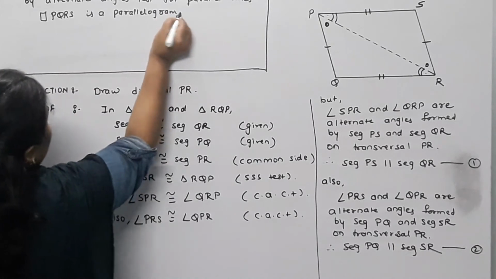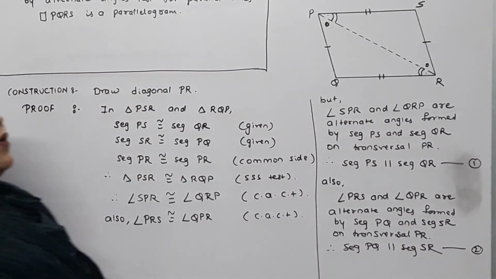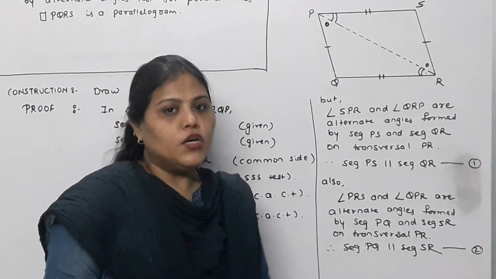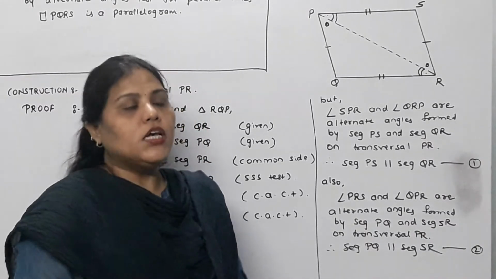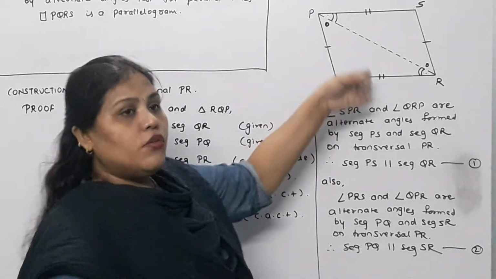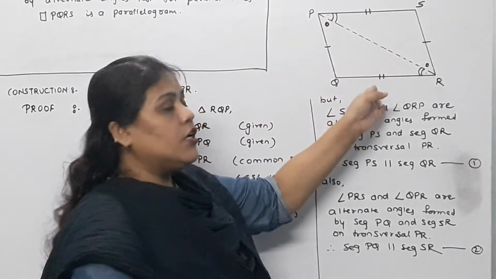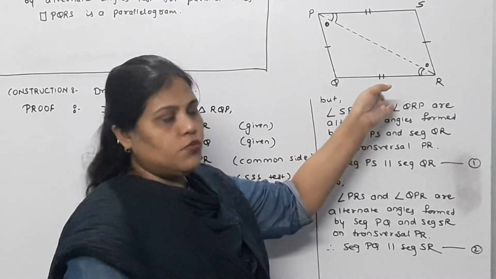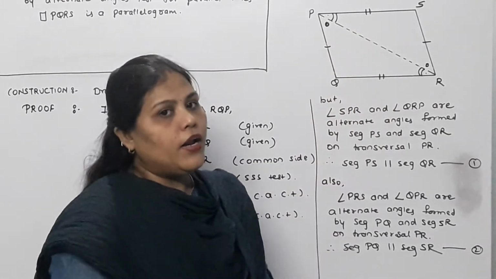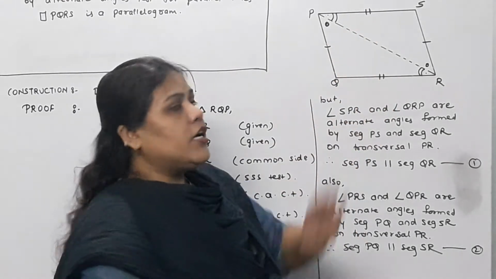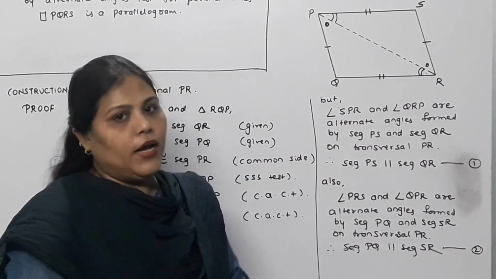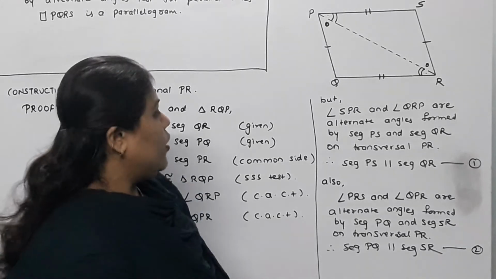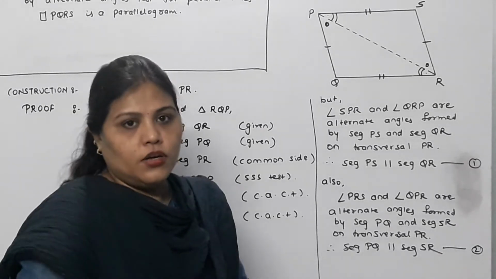Because the statement says that if a pair of alternate angles is formed with the help of a transversal and two distinct lines, then those two lines are parallel. And if opposite sides are parallel and congruent, then the given quadrilateral is a parallelogram. Okay, so note it down, then we will see the next theorem.